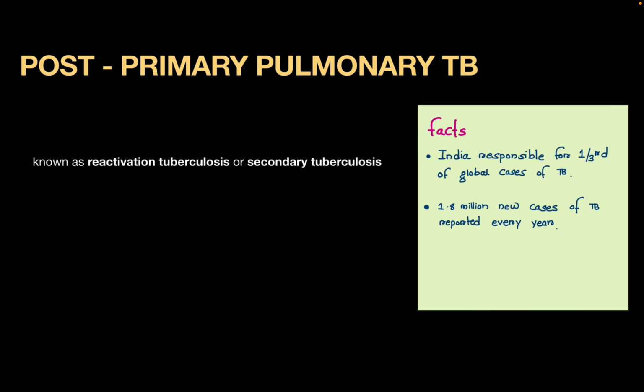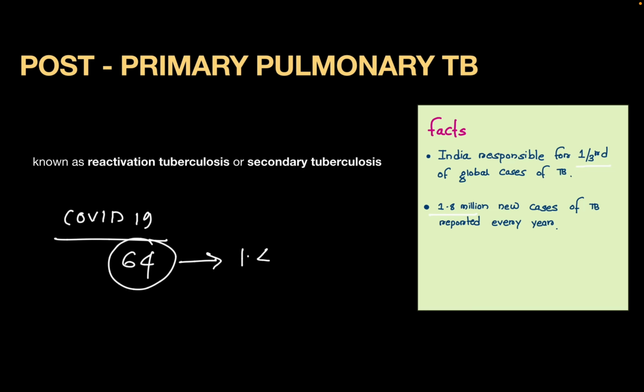The reason behind this clinical case is TB. India is responsible for one third of the global cases of TB, with about 1.8 million new cases reported every year. If we compare TB with COVID-19, there were 64 million cases till 13 November 2020, and deaths due to COVID-19 were about 1.48 million.